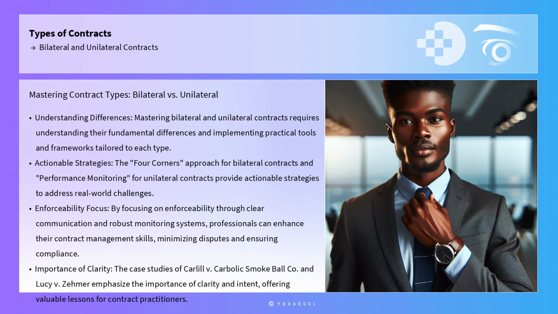The case studies of Carlill v. Carbolic Smoke Ball Co. and Lucy v. Zehmer emphasize the importance of clarity and intent, offering valuable lessons for contract practitioners. The prevalence of contract disputes in civil litigation further underscores the necessity for expertise in this area, encouraging continuous learning and technology adoption to stay ahead in the field.